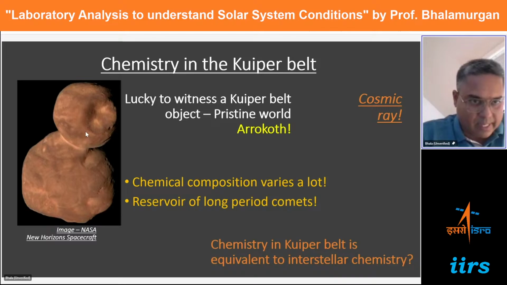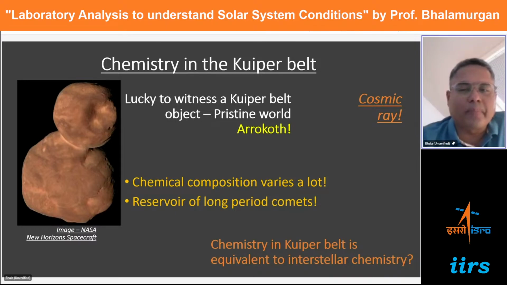So most of this is ice, and the colorant on the top is what we need to understand, why this coloring comes. You cannot have a sample of Ultima Thule, or send one or two other spacecraft to study it, because it takes 8 to 9 years to go. So the best thing is to bring this condition to planet Earth and then study.